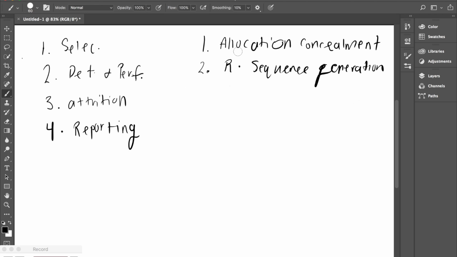Whatever method we use to perform the random sequence generation, we want to ensure that it was adequate and valid, and that the person deciding the eligibility doesn't know, if the person is eligible, where they would go. These two things are done in order to reduce our selection bias.